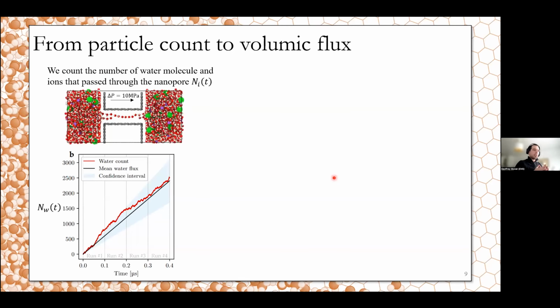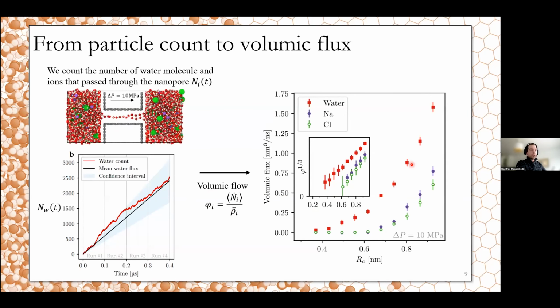So now let's count the number of particles that flow through the membrane. For example, in this figure, you can see the number of water molecules that pass through the nanopore under a pressure difference of 10 megapascal. Then we can compute the volumic flux, and gather the flux for water and ions on the same figure.